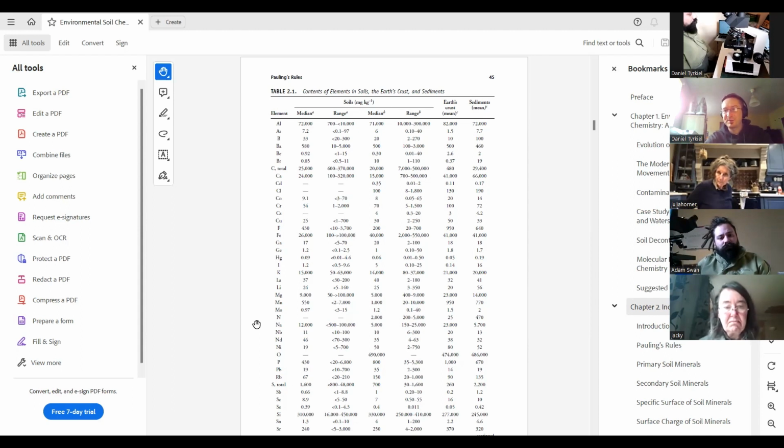And then there's another paper in which the authors grew wheat, and they used a consortium of mycorrhizal fungi, free-living nitrogen fixers, and also some bacillus species for other micronutrients.